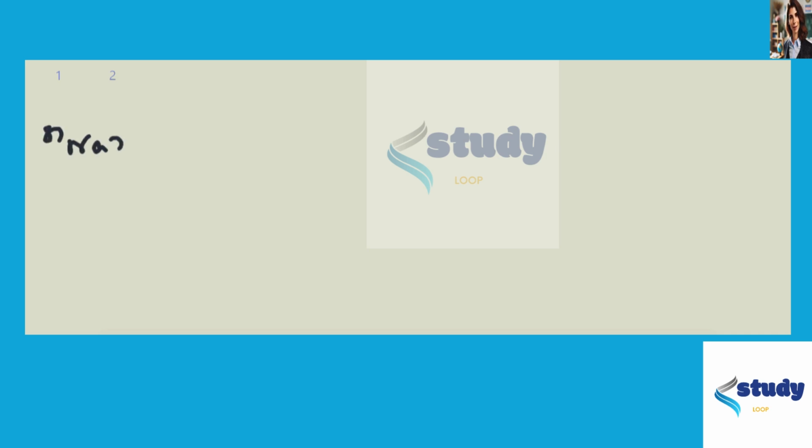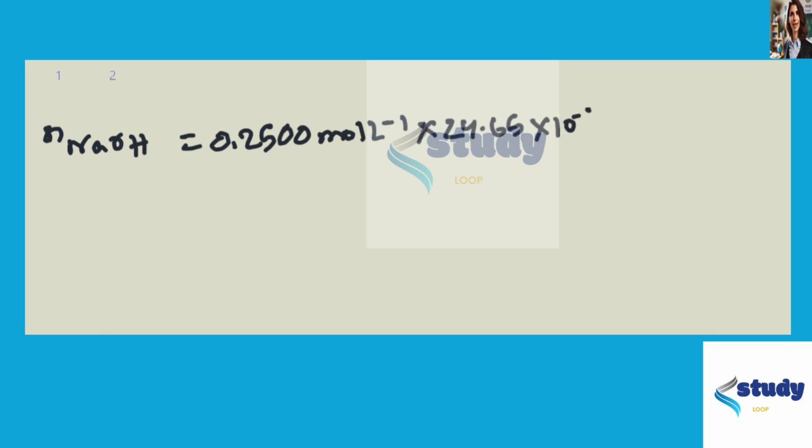So the number of moles of sodium hydroxide is the molarity times volume, and the molarity is 0.2500 molar or mole per liter times the volume, which is 24.65 times 10 to the power minus 3 liter, and this will give us a value of 6.16 times 10 to the power minus 3 mole.